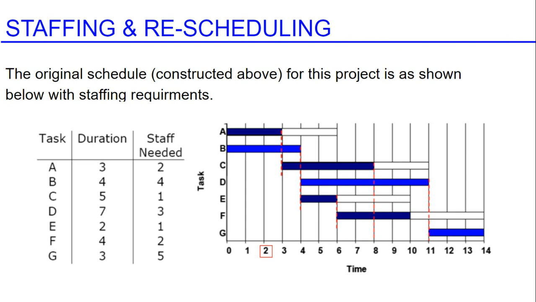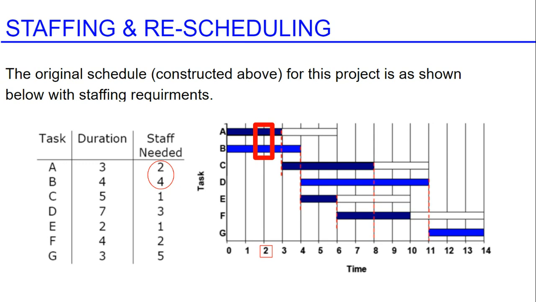However, both A and B require 6 to be running at the same time. So at that point, tasks A and B would not be able to be carried out in parallel at time 2.